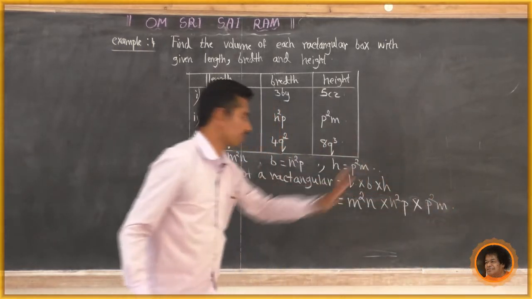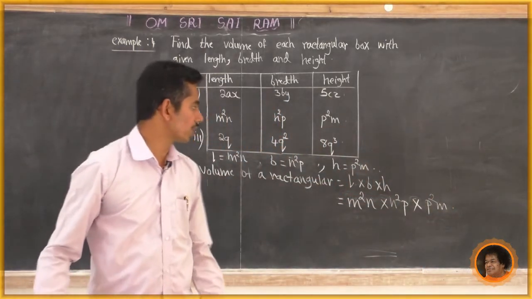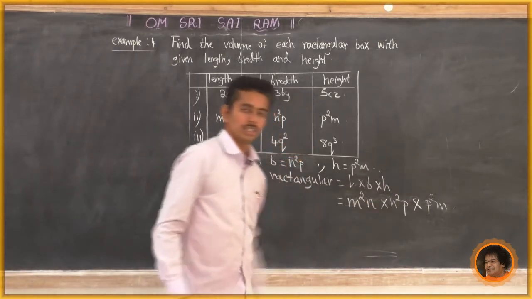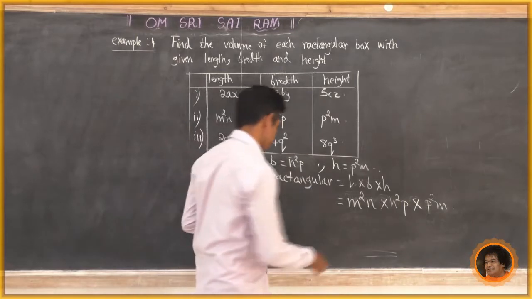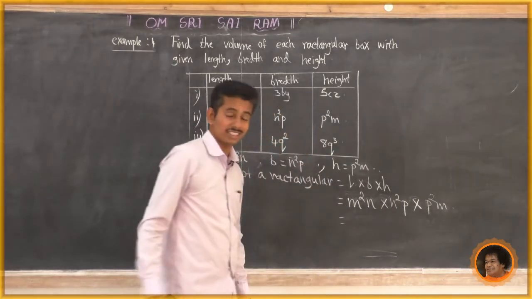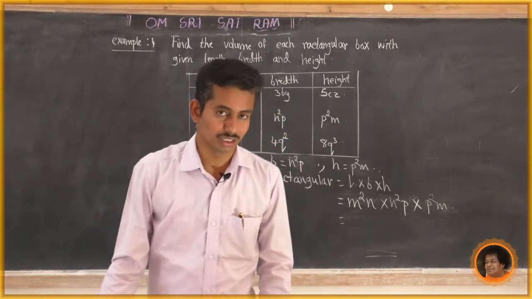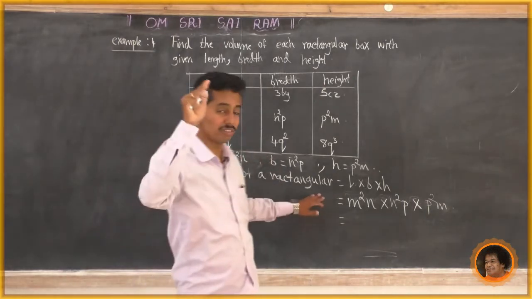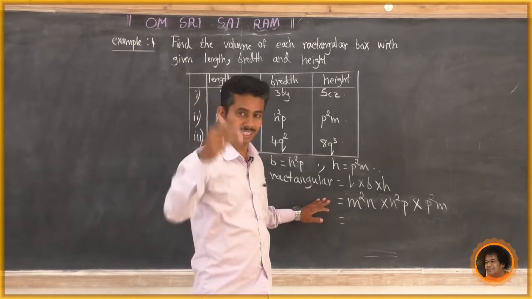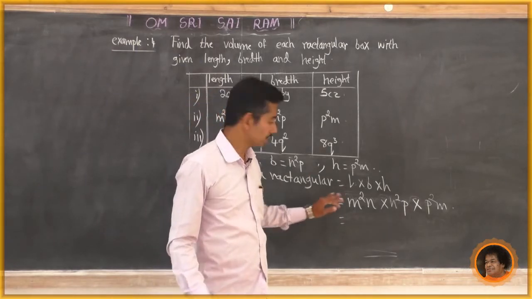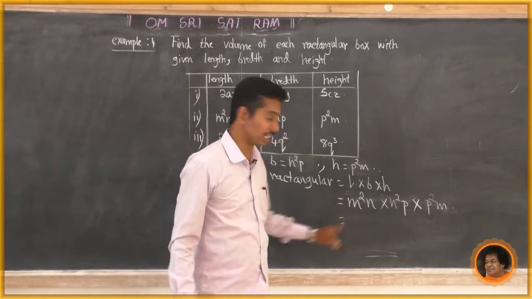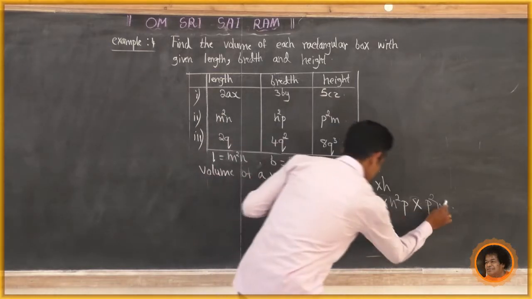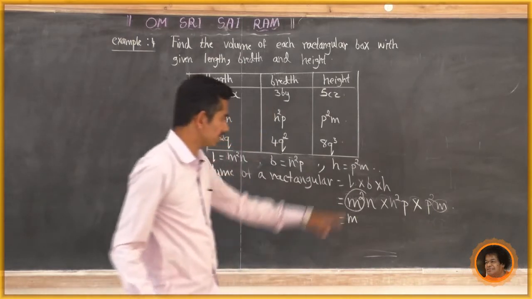Now find the product of m squared n into n squared p into p squared m. Multiply each monomial. How to multiply? First write the same variables together. These are not like variables. If like, it means the exponent and the variable are the same. But these are the same variable, because m squared and m are the same variable.